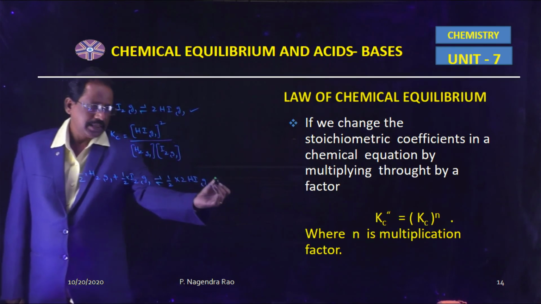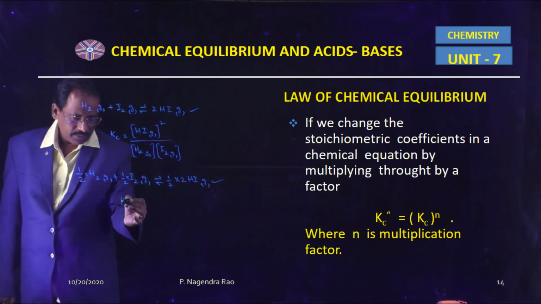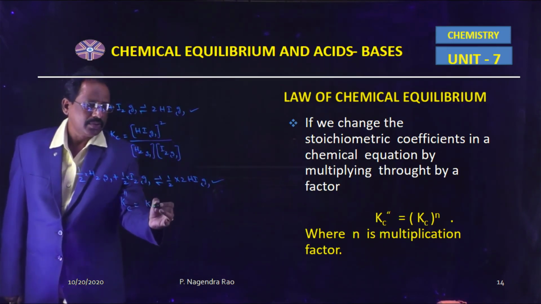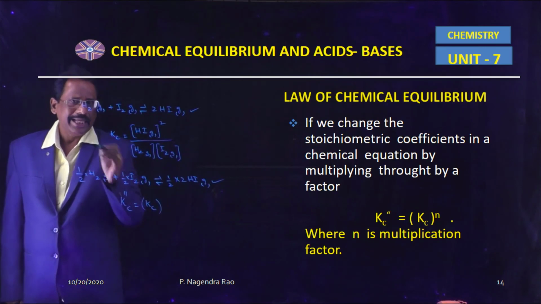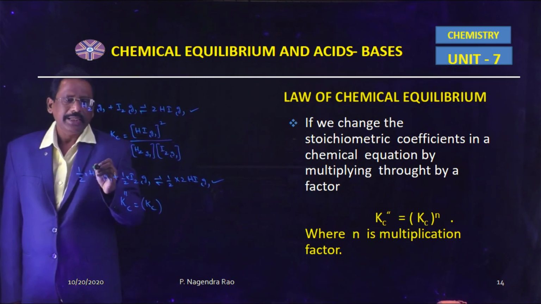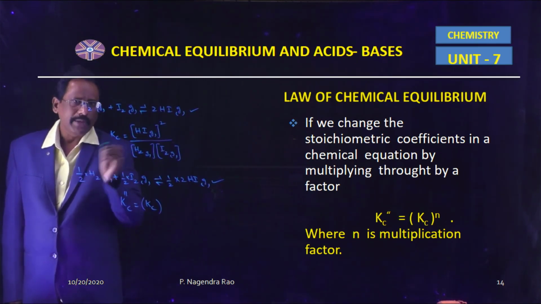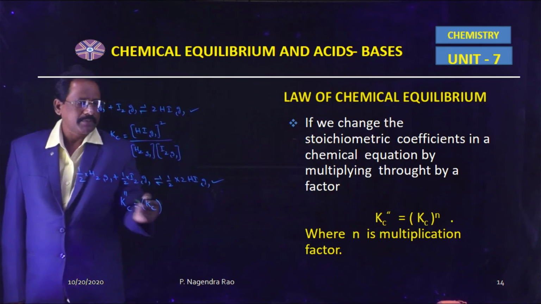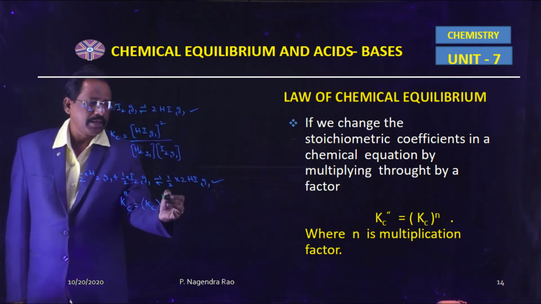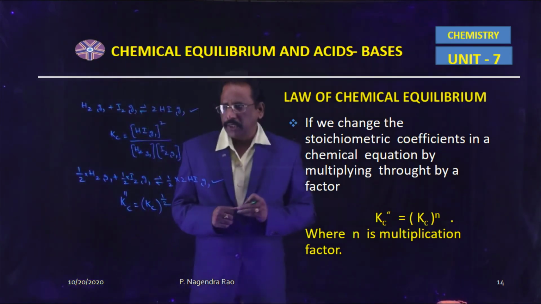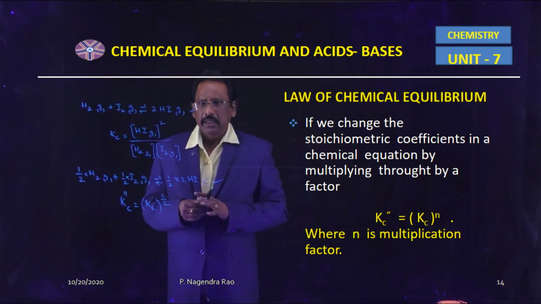Now for this reaction, the equilibrium constant is equal to the original Kc value to the power n, where n is the multiplication factor. Here the multiplication factor is 1 by 2. Therefore, for this dynamic equilibrium the constant value becomes Kc to the power 1 by 2, root Kc. So this is also a very important point in the law of chemical equilibrium.